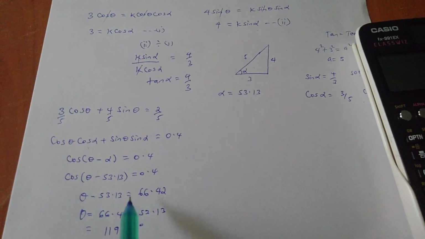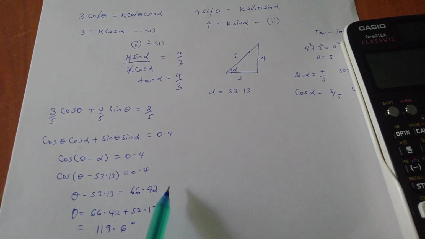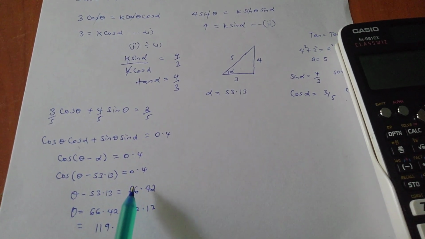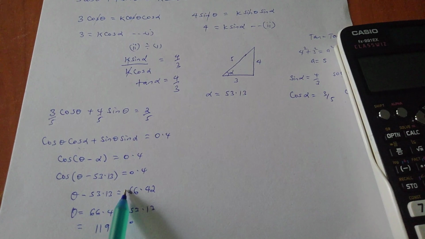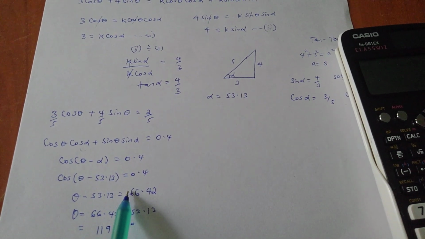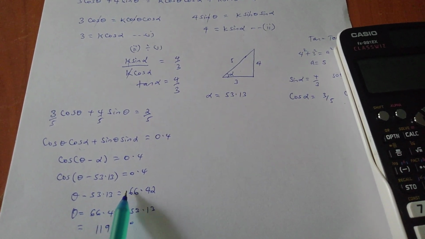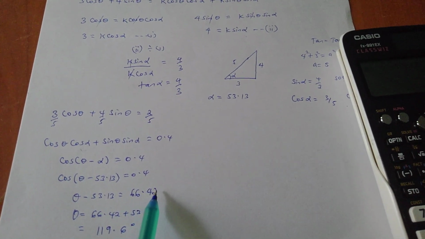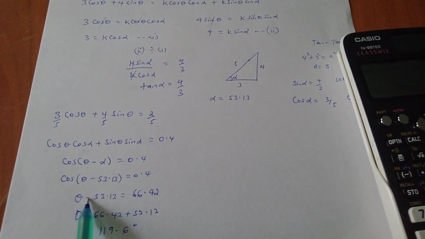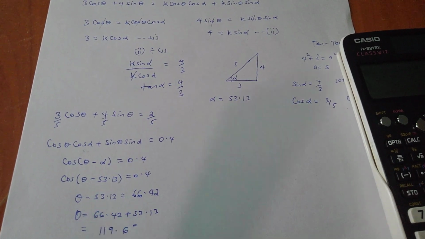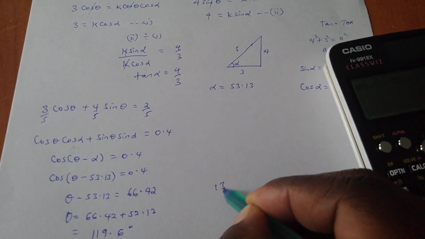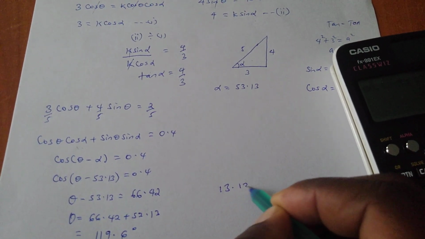Remember cos can carry a negative and a positive, so I'm going to use this one as a negative. If I take the 66.42 negative and take out 53.13, I will remain with 13.29.